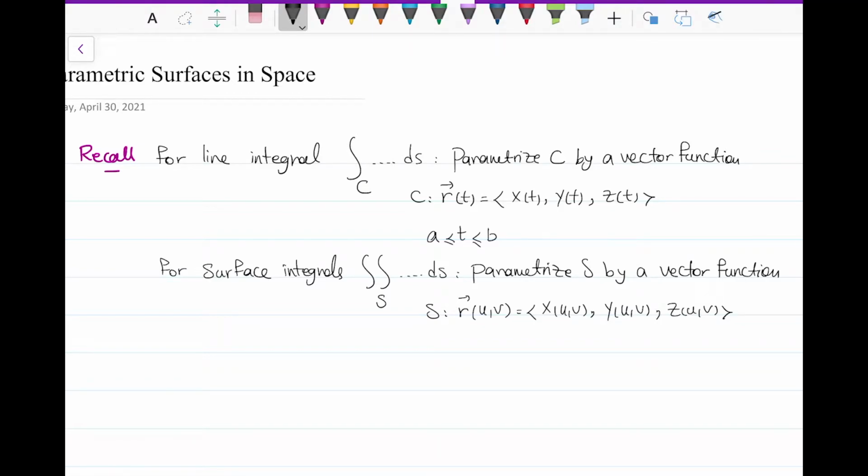Any 2 parameters would work in here. But we need to pay attention that u and v live in a region D, where D is a 2-dimensional region in the uv plane. Okay, let me show you how it looks.